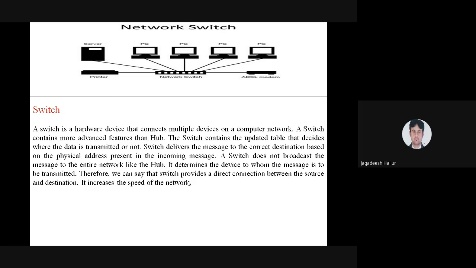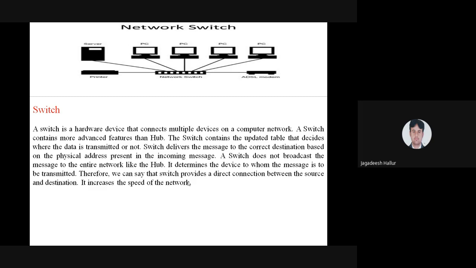There is a memory device in a switch. In that memory, each computer has been allocated to different ports. PC number 1, port number 1. PC number 2, port number 3. Computer 3, port number 4. Computer 4, port number 5.